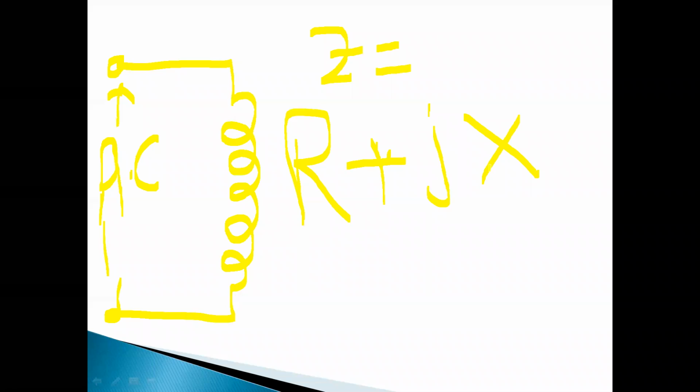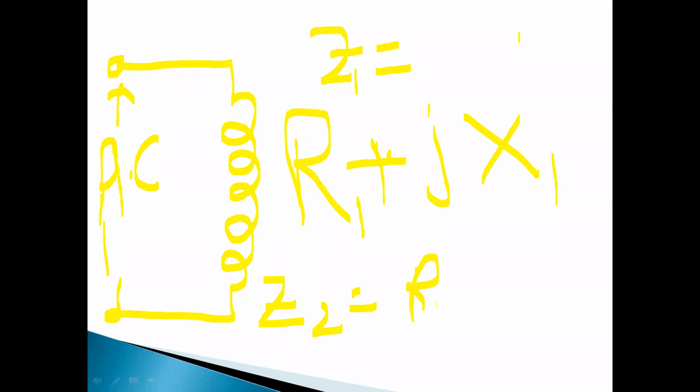So the transformer has two coils. The primary impedance Z1 equals R1 plus jX1. The transformer has a secondary coil also, with impedance Z2 equal to R2 plus jX2, the secondary resistance plus secondary reactance.